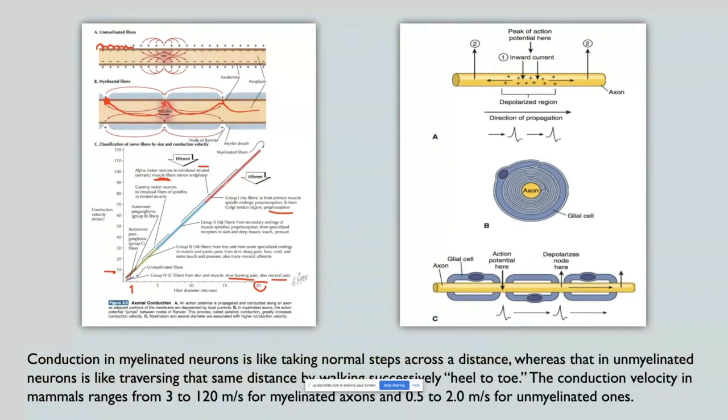These are the fastest: skeletal muscle fibers and proprioception. And then we have others in between, but I just want you to remember the extremes, the slowest and the fastest.